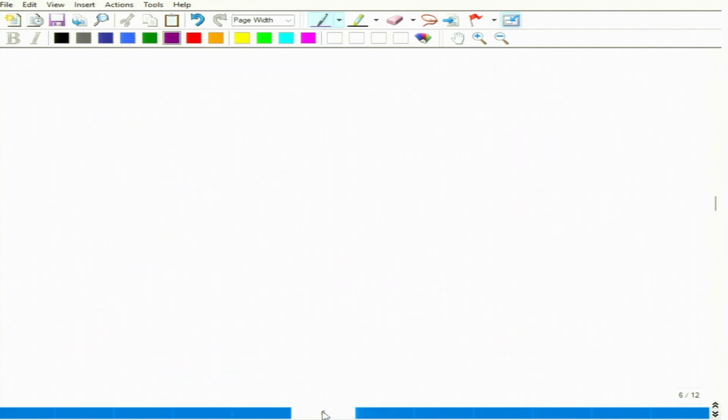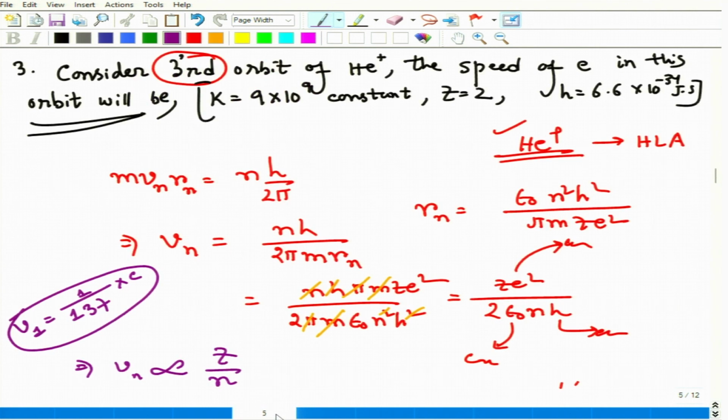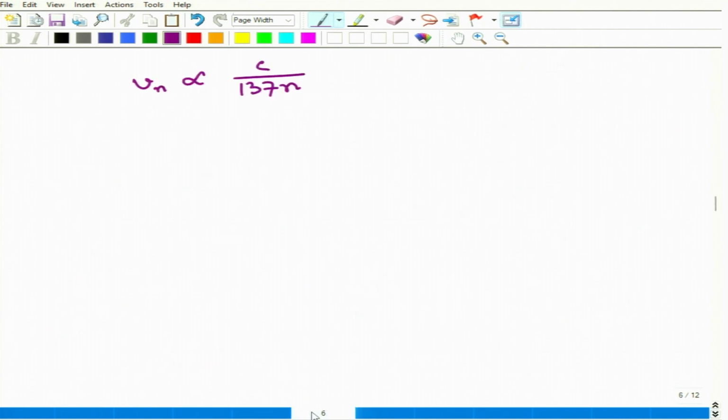So Vn for hydrogen atom is actually proportional to C by 137N. It should be, because it's C by 137 for the 1, for Vn it should be C by 137N. Now for any atom it should be CZ divided by 137N.